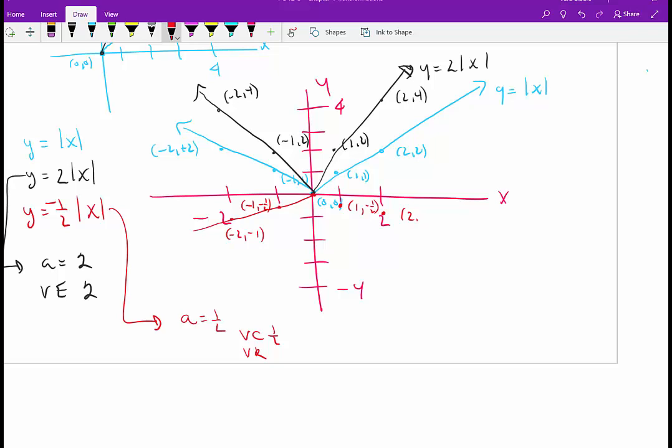So we're at 2 and -1, and I draw a line through there. And this is the graph of y equals -1/2 absolute value of x. Okay, that is it. That finishes horizontal and vertical compressions and expansions.